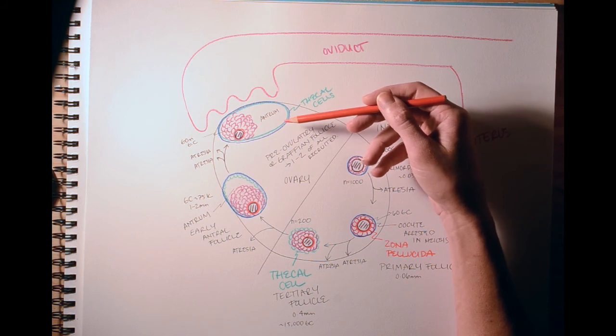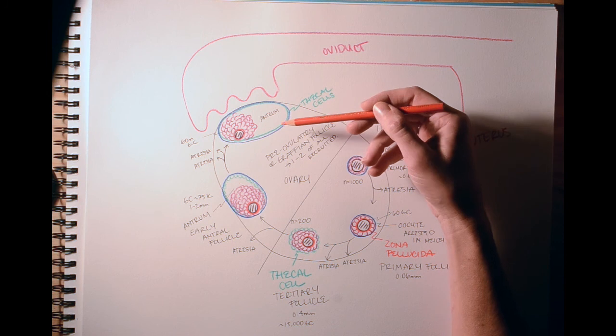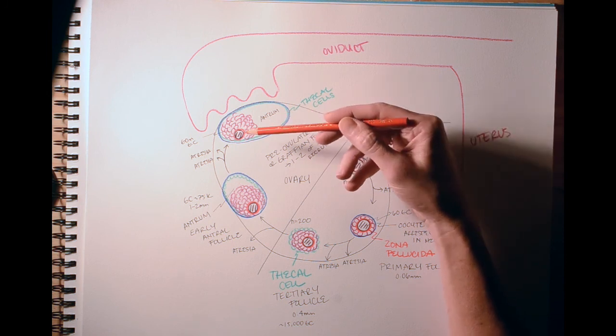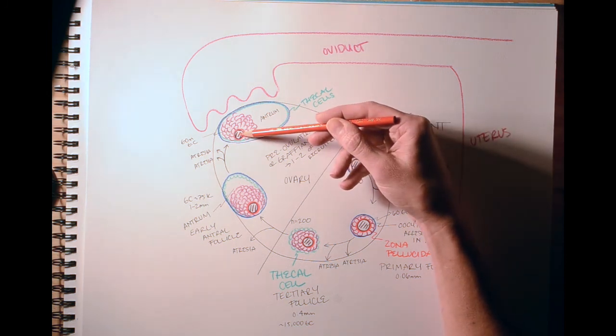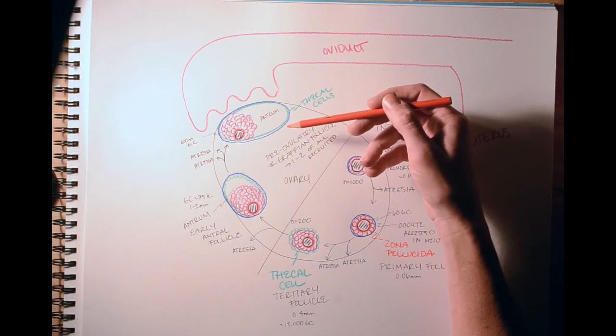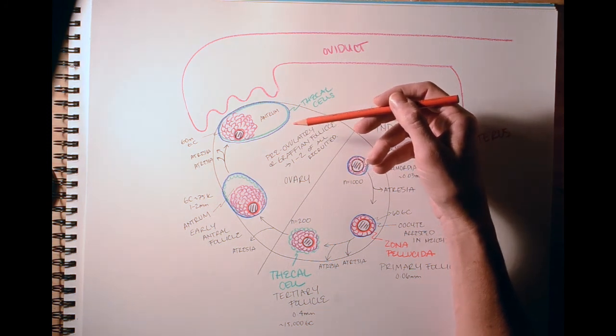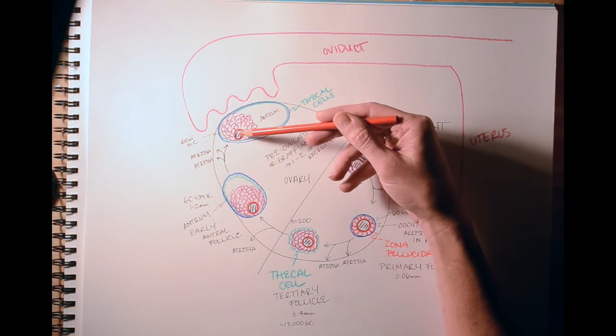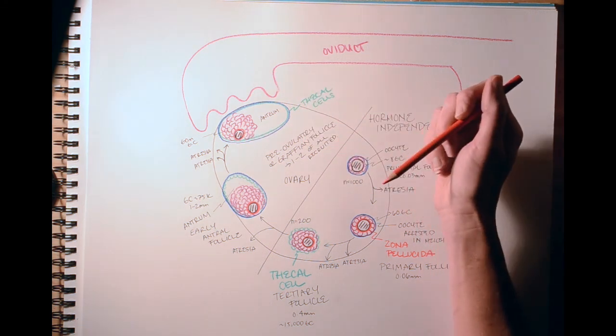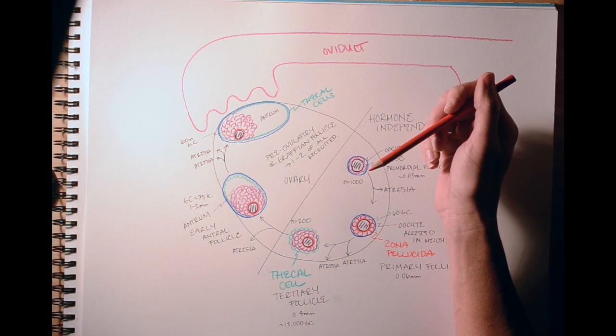And so what that means is that this Graafian follicle is going to be the follicle that will ovulate the oocyte. We'll talk about that process, ovulation, probably in our next lecture, where we release this oocyte into the oviduct.